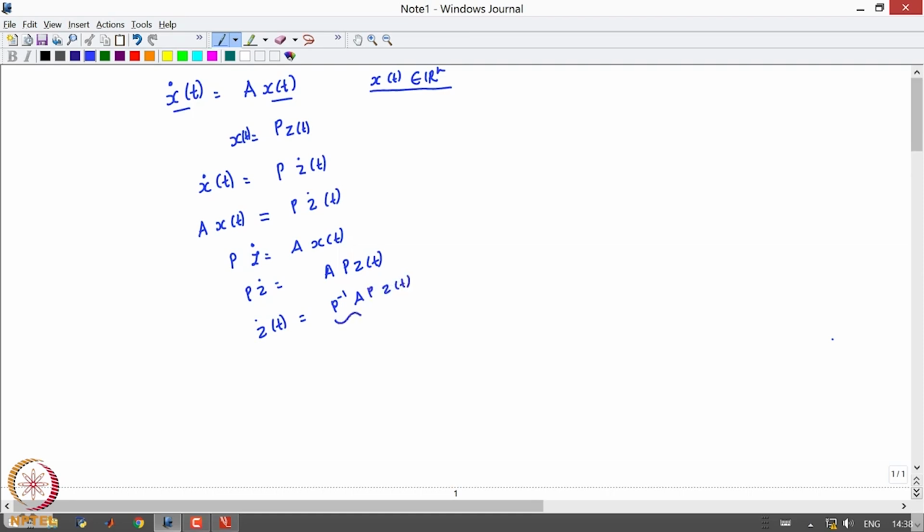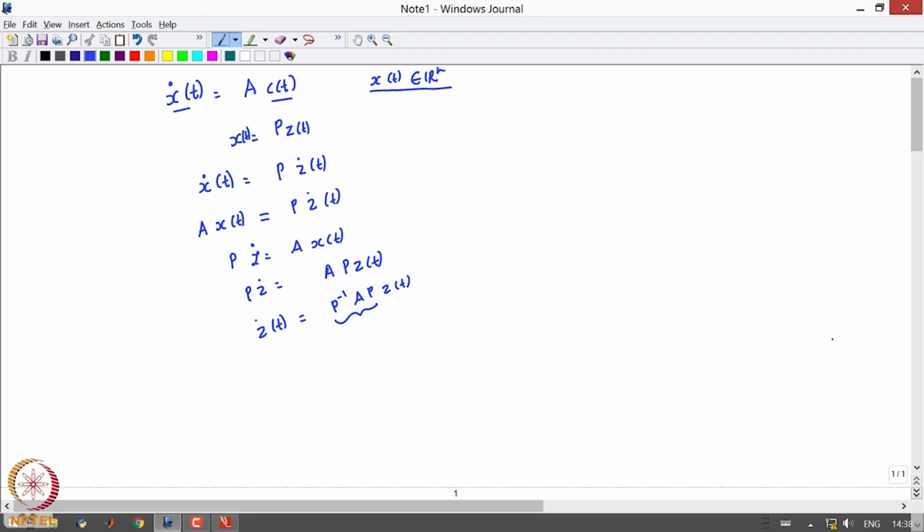So, this is my similarity transformation, which transforms my dynamics in certain given coordinates x to some other coordinates z.